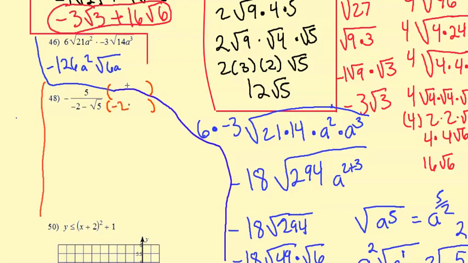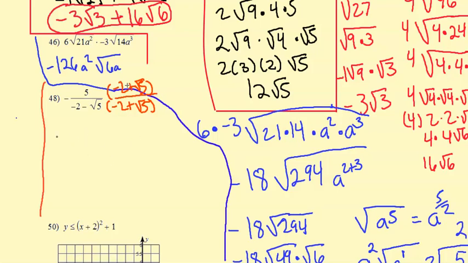You change the sign of the radical part. So it'd be negative 2 plus the square root of 5. Whenever we multiply by the denominator, we have to multiply by the numerator because we're multiplying by the unity fraction 1.